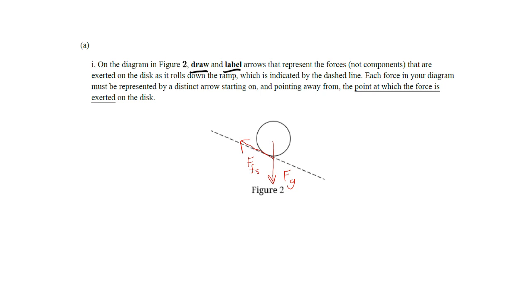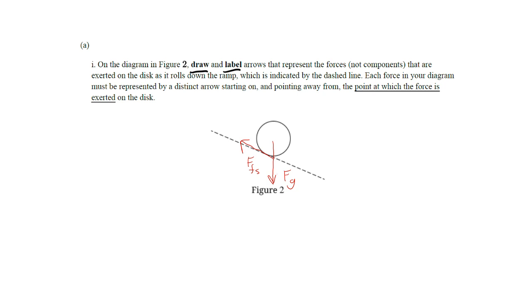Because the disk is rolling down the ramp and not sliding down the ramp, it's the static friction rather than the kinetic friction. If it were sliding down the ramp, then it would be kinetic friction, but since it's rolling down the ramp, just like a car's tires exert static friction on the road as they roll.